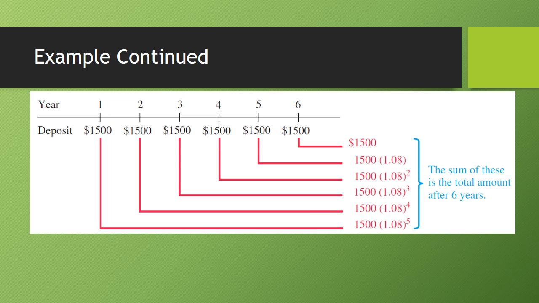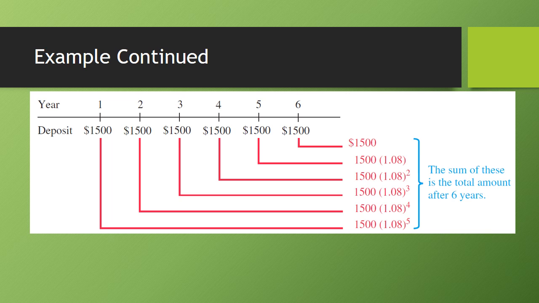Okay, this is what it's going to look like when we factor in the compounded interest. The first year you deposit $1,500, and that $1,500 is going to accumulate interest over the next 5 years. So that particular $1,500 at the end of the term is going to be worth 1,500 times 1.08 to the 5th power, because it was 5 years accumulating the 8% interest.